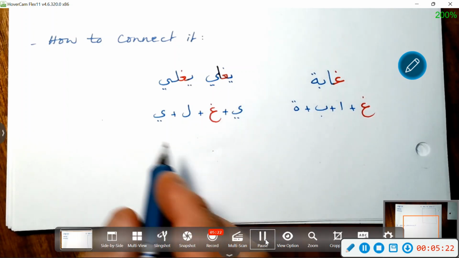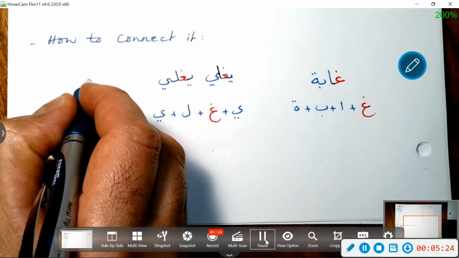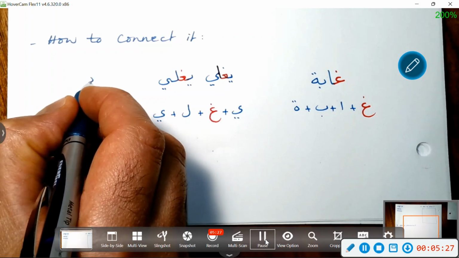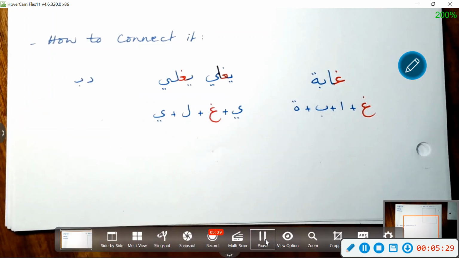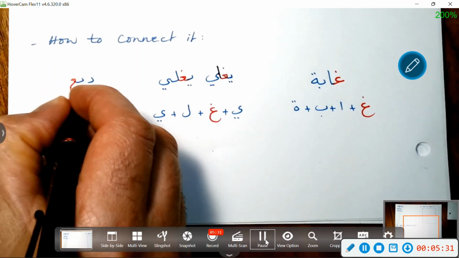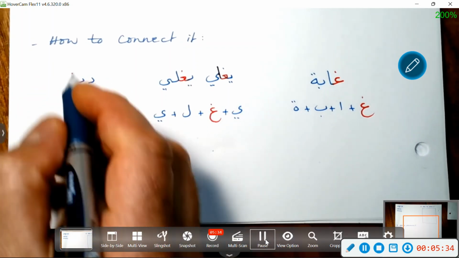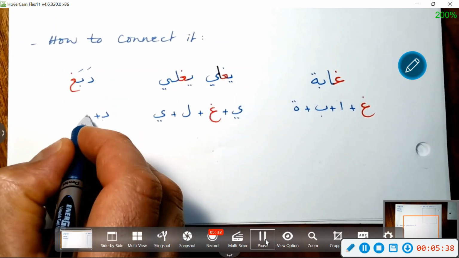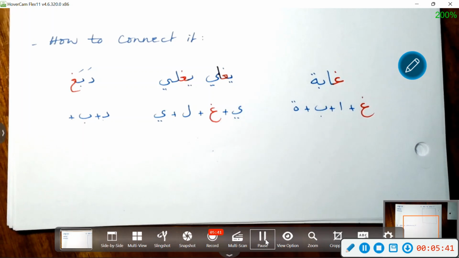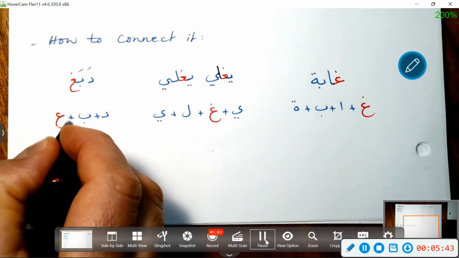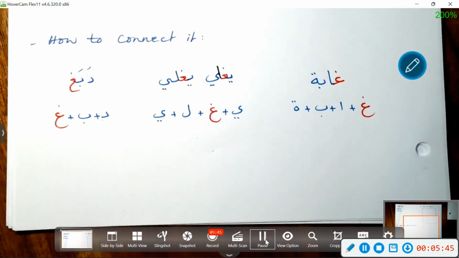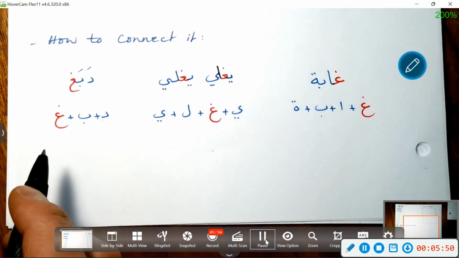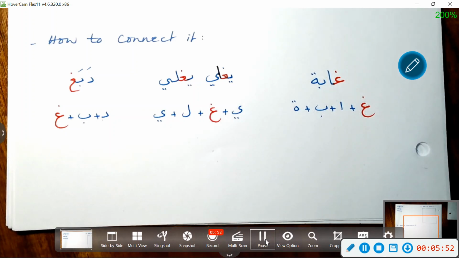The last word is دبغ. دبغ دال ba, غين. Now, dabagh in formal Arabic means when you process the animal skin to make it suitable for usage later on.